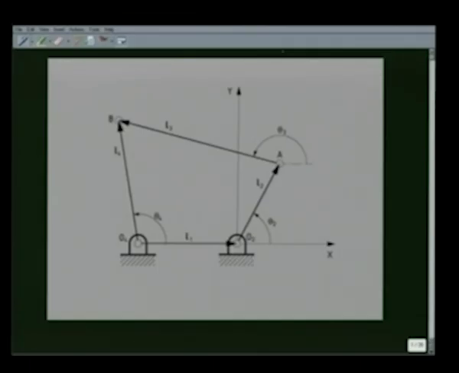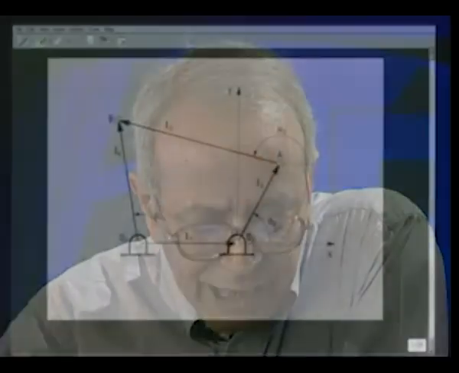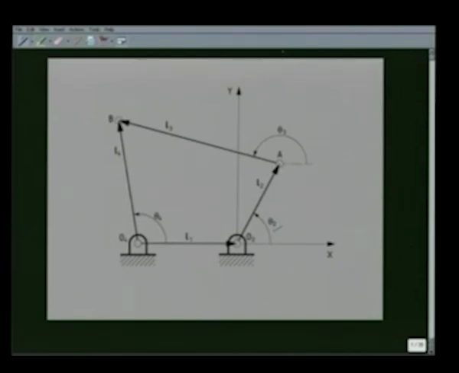The problem is, suppose these 4 link lengths are prescribed and the orientation of one of the links, say input link, that is O2A, is given by this angle theta 2. Our objective is to determine the orientation of the coupler and the fourth link, that is O4B.